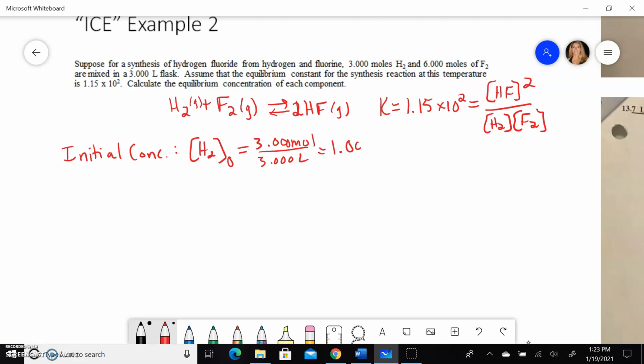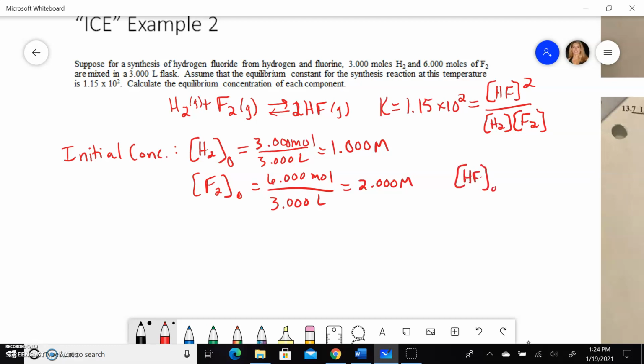So we have a 1 molar solution of hydrogen, a 2 molar solution of fluorine, and we're starting with none of the hydrogen fluoride compound yet. So this one hasn't been formed yet. So we only have initial concentrations of the first two.